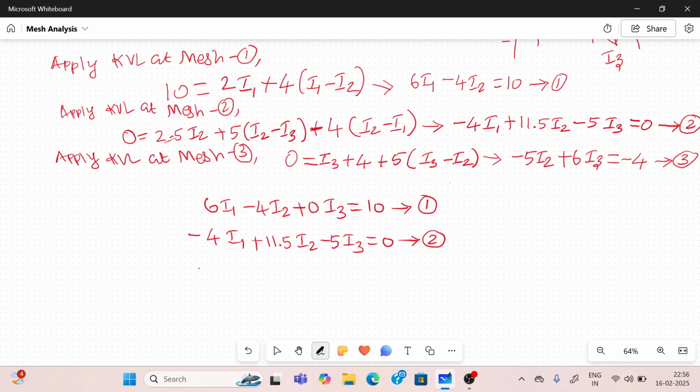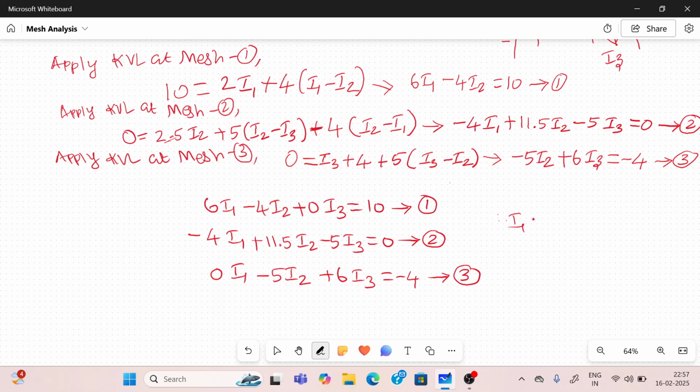Then the third equation: there is no I1 here, so we write 0 I1 minus 5 I2 plus 6 I3, which is equal to minus 4. Equation number 3. By solving equations 1, 2 and 3, we get the values of I1, I2, I3.